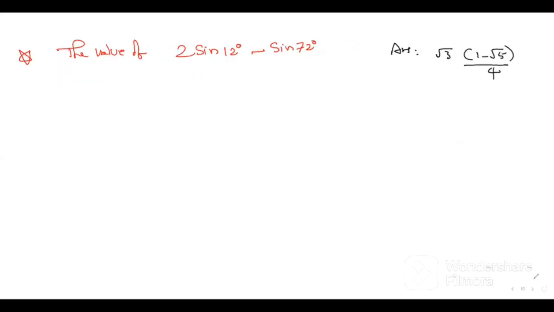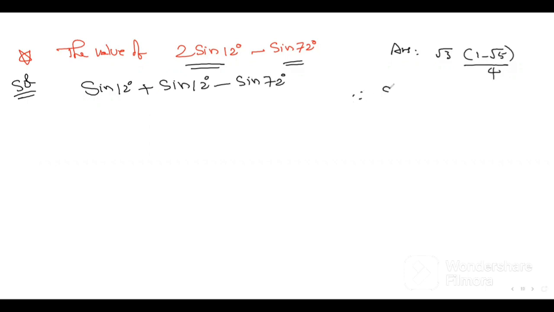Okay, next question. Find the value of 2 sin 12 degrees minus sin 72 degrees. So 2 sin 12 degrees is sin 12 plus sin 12, minus sin 72 degrees.